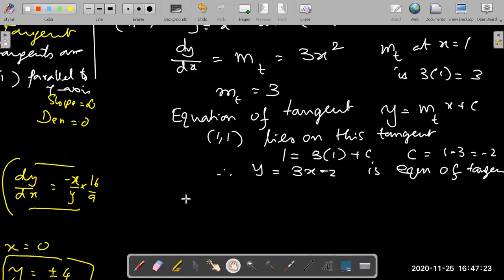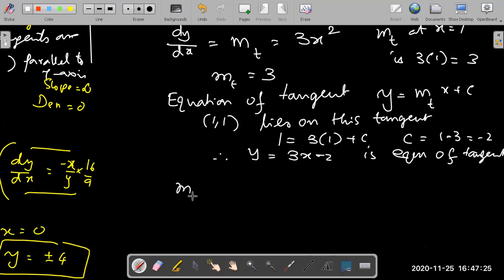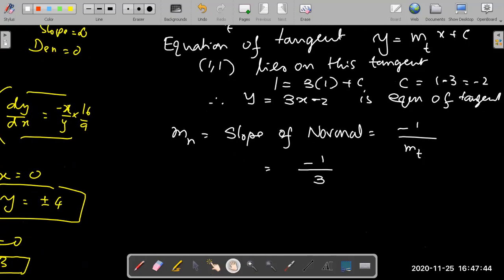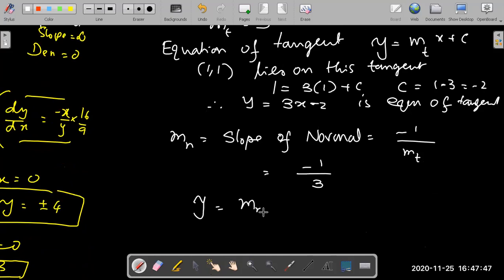Now go to mn, that means the slope of the normal, equal to minus 1 by mt. Mt is equal to 3, therefore minus 1 by 3. And we have the equation y equal to mn x plus c, which is minus 1 by 3 x plus c.